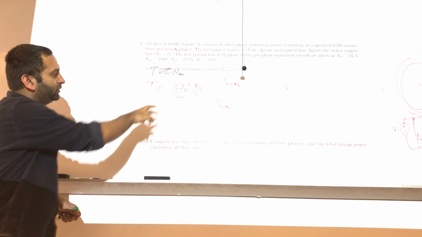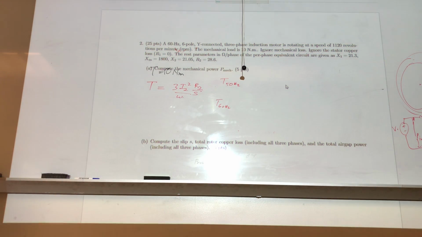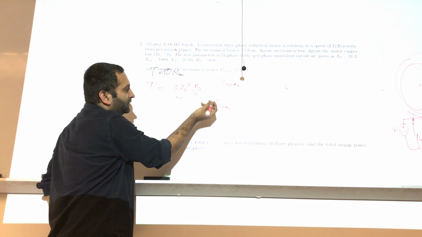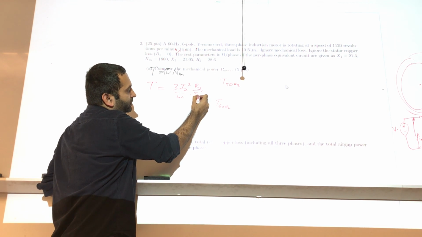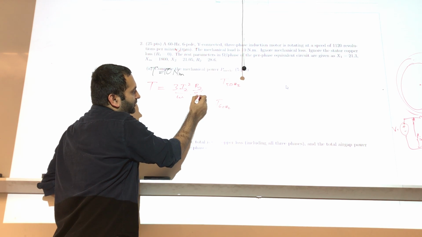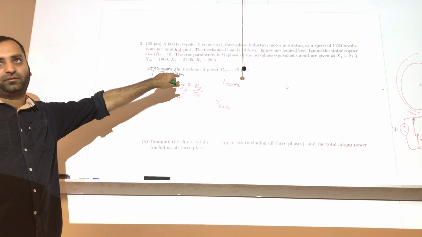So what will be the difference in this equation? Omega. There will be a lot of difference. Slip will also be different, maybe, I don't know. Slip will be different, omega will be different, and the current will be different.